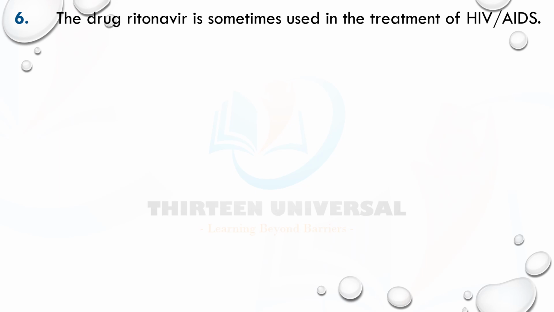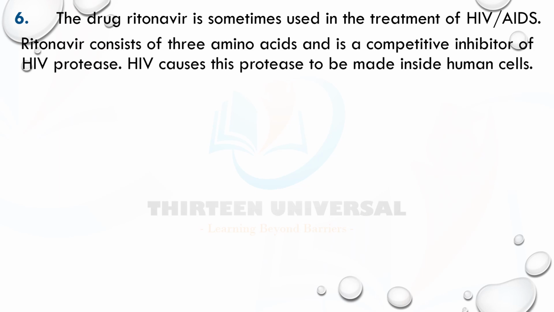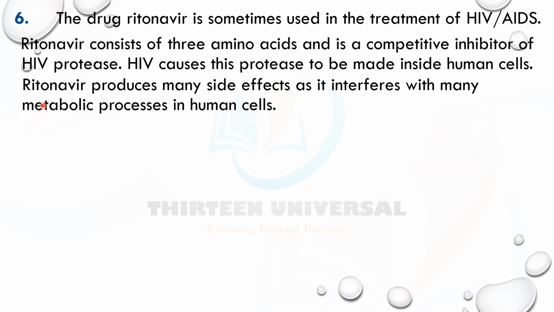This drug ritonavir is sometimes used in the treatment of HIV/AIDS. Ritonavir consists of 3 amino acids and is a competitive inhibitor of HIV protease. HIV causes this protease enzyme to be made inside human cells. Ritonavir produces many side effects as it interferes with many metabolic processes in humans.